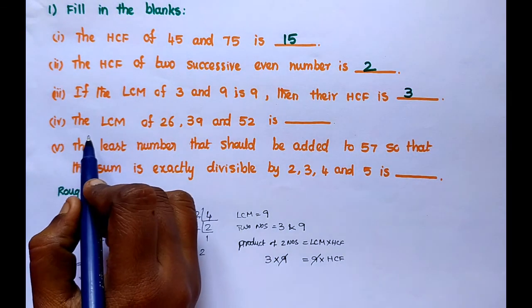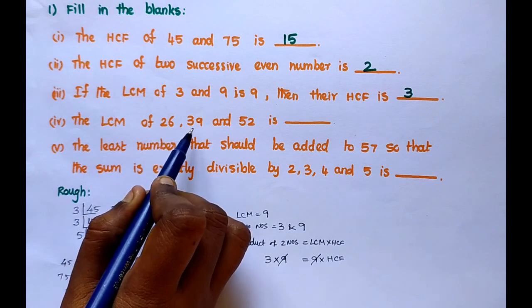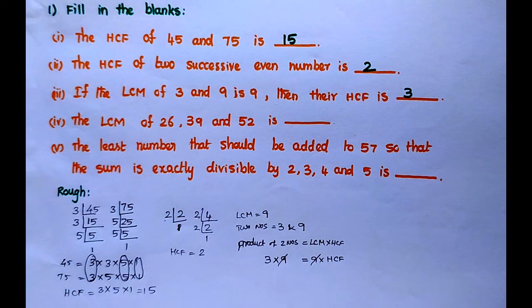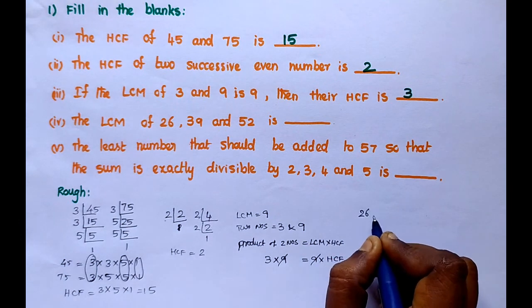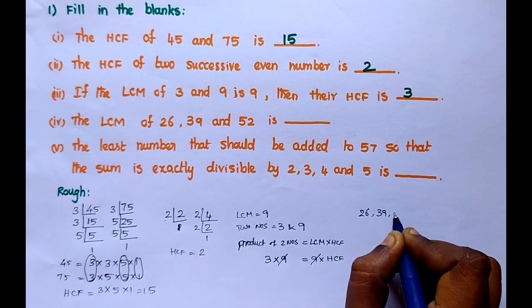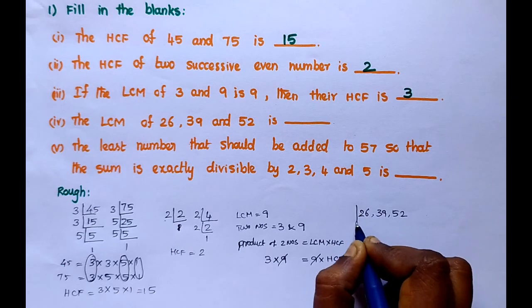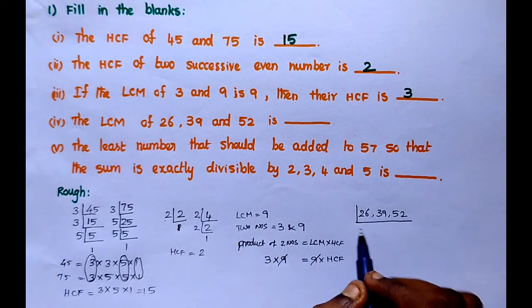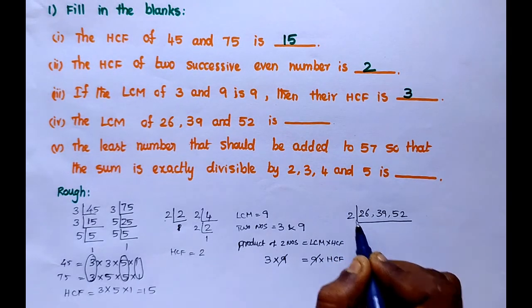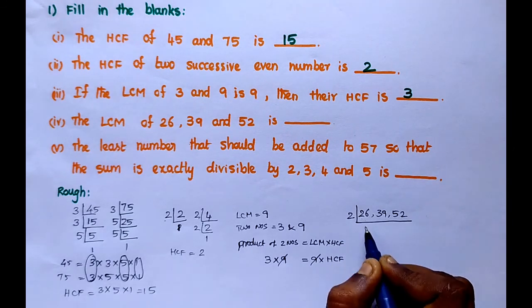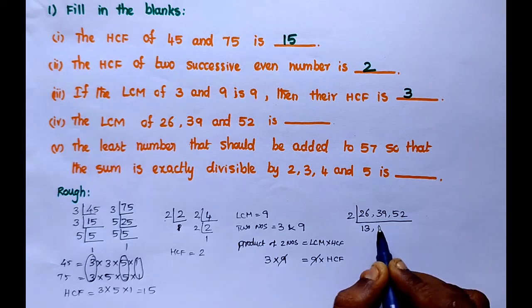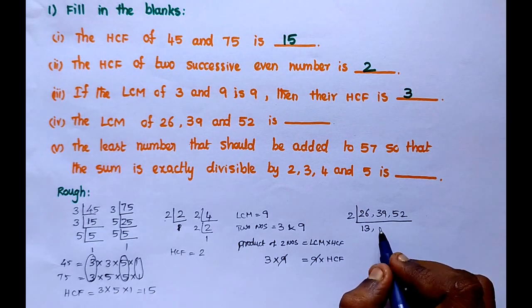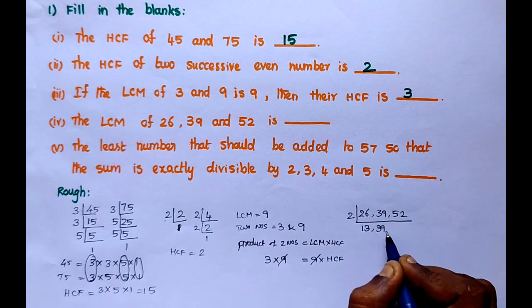Next one, the LCM of 26, 39, 52 is dash. LCM of 26, 39, 52. 2 times, that is 13, 2 13s are 26. 39 is not divisible by 2, so write down as it is.